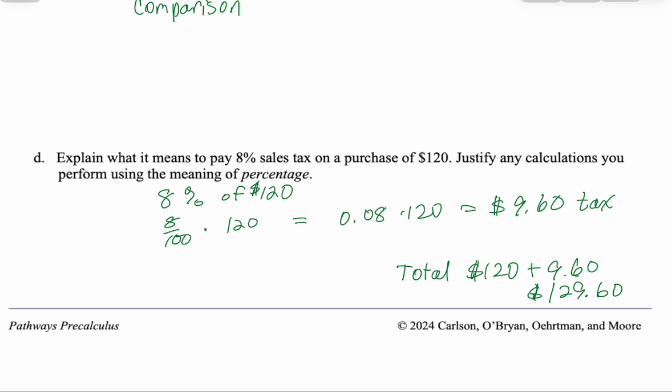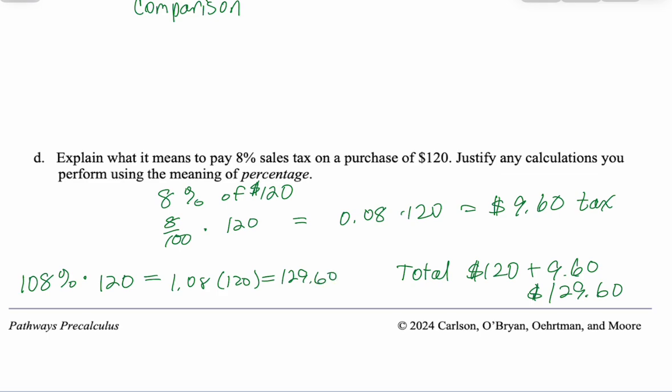Now, here's something very cool, a shortcut. If we think about the original price as 100%, and the 8% has been added on to that price, if you multiply 120 times 108%, or 120 times 1.08, you do get 129.60 instantly.